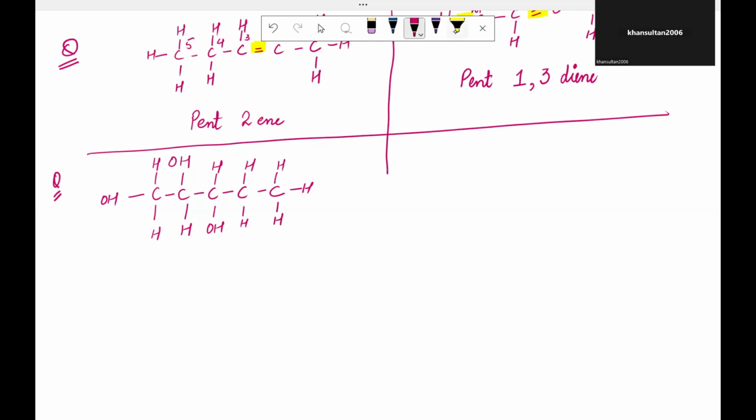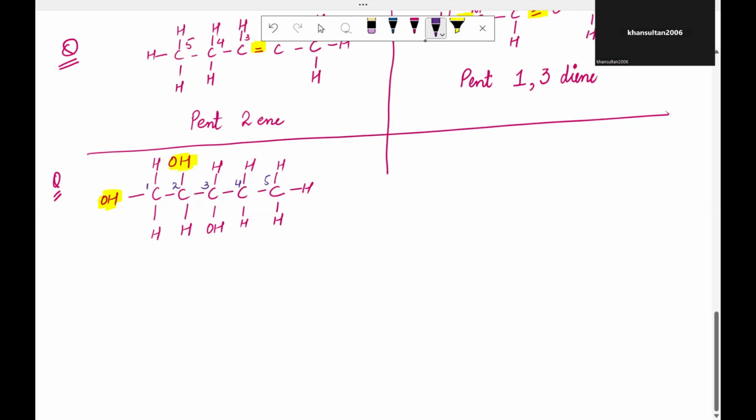We know there are basically two functional groups. One is OH and this is another OH. So of course we are going to number the carbon atoms from the left-hand side, one, two, three, four, and five. So how many carbon atoms are there?